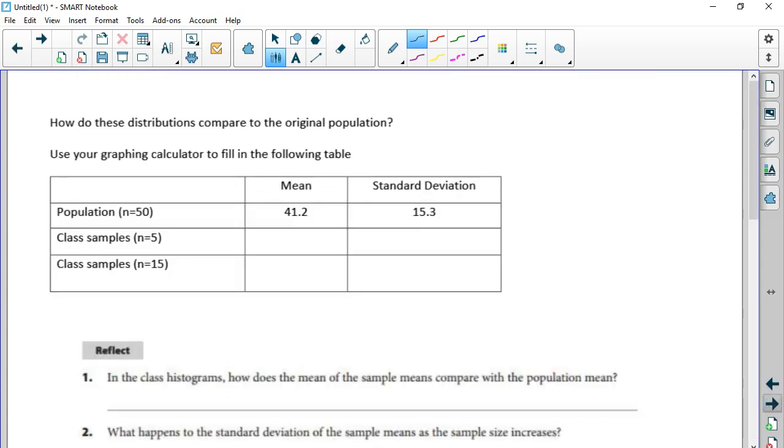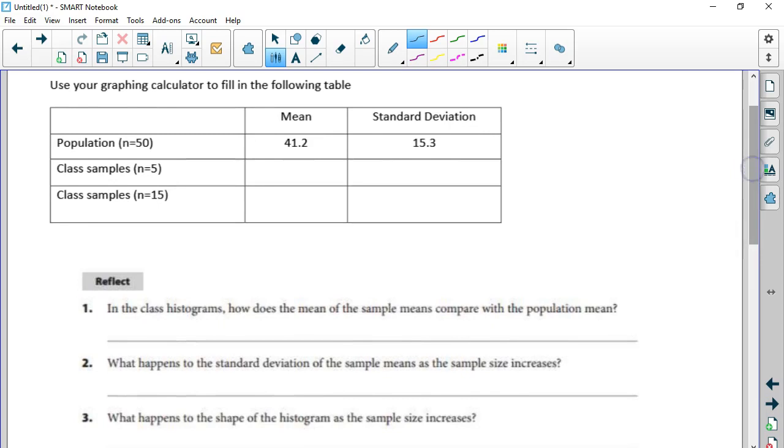So, let's talk about all the data. If you take the original 50, you get an average of 41.2 with a standard deviation of 15.3. The class sample, with everybody doing 5, the class sample I gave you right there, was 42.6 with a standard deviation of 9.48.